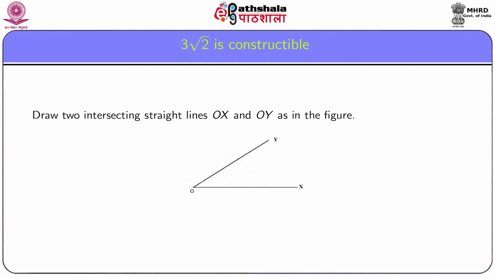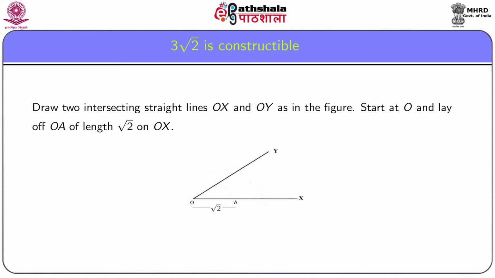Draw two intersecting straight lines OX and OY as shown in the figure. Start at O and lay off OA of length root 2 on OX.